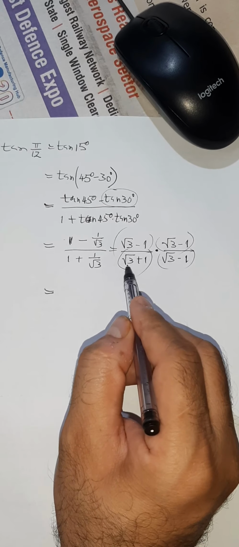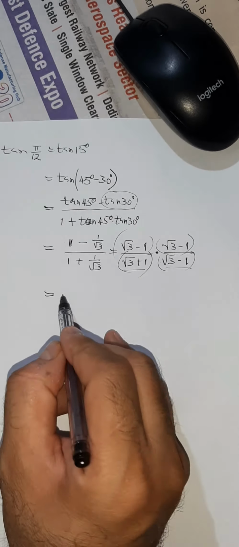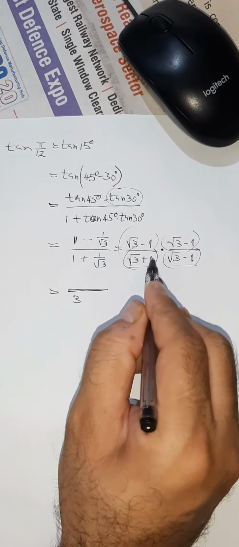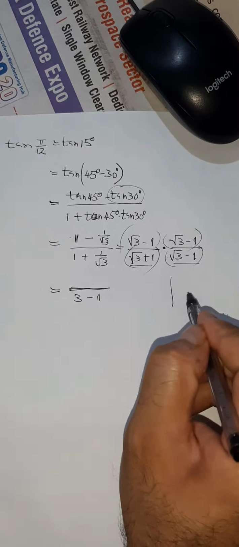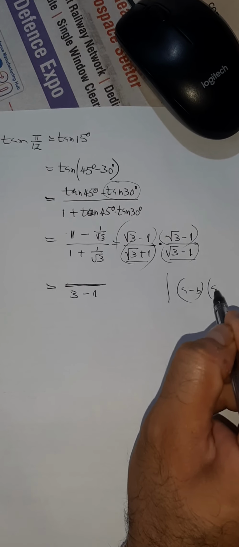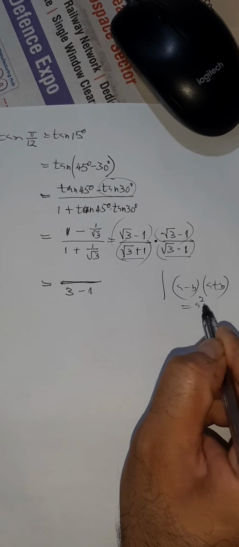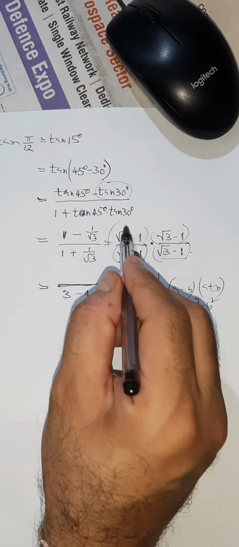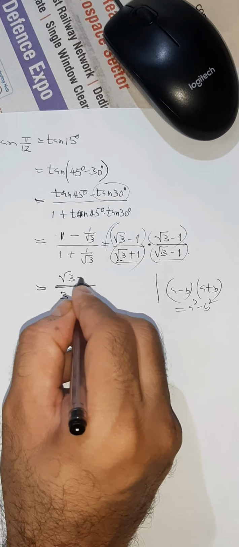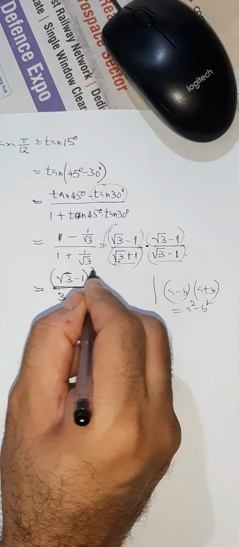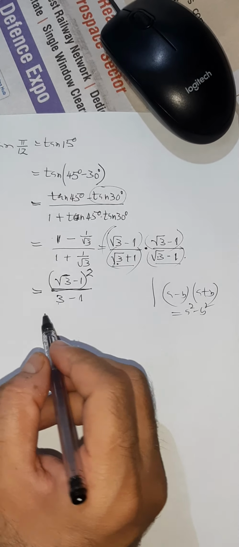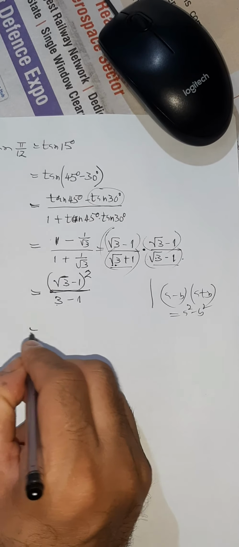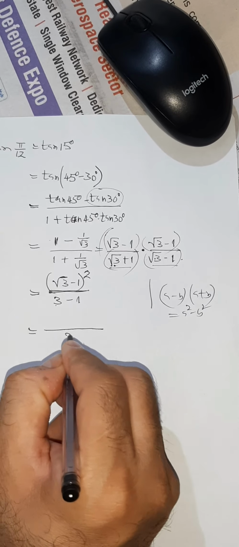So what we'll get here? This is a plus b, a minus b. So a square minus b square. Root 3 whole square, 3, minus 1. You have used this. A minus b into a plus b, which is a square minus b square. Root 3 square, which is 3, 1 square. What about this? This is root 3 minus 1, the whole square. So finally it is upon 2.